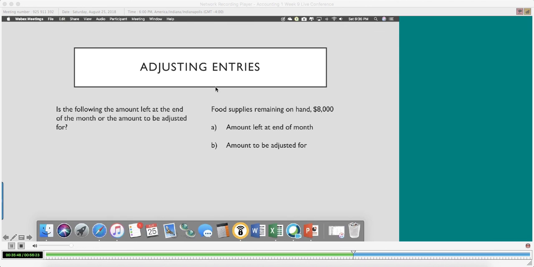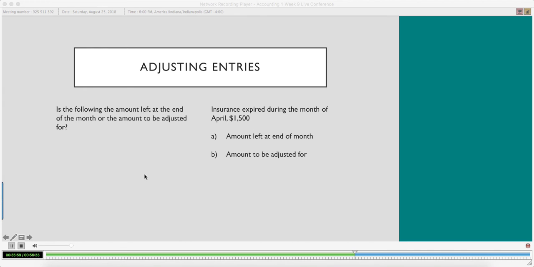No surprises on that one. So the next one, insurance expired during the month of April, $1,500.